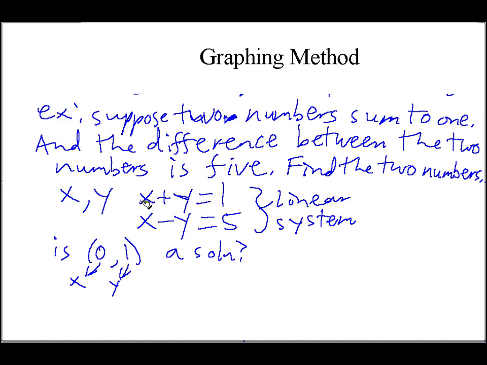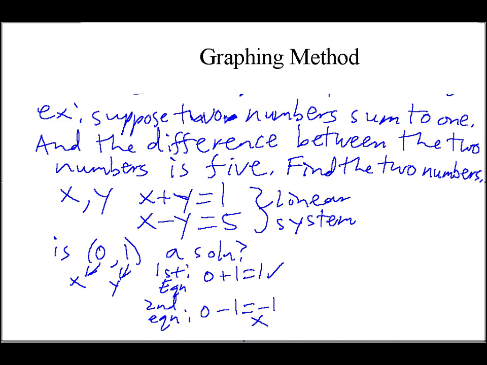If I plug in 0 for x, for the first equation I get 0 plus 1, which is 1. That's good. Let's check the second equation. 0 minus 1 is negative 1.